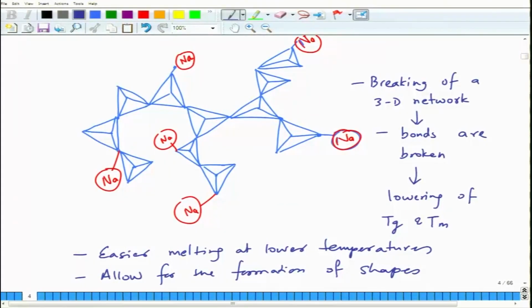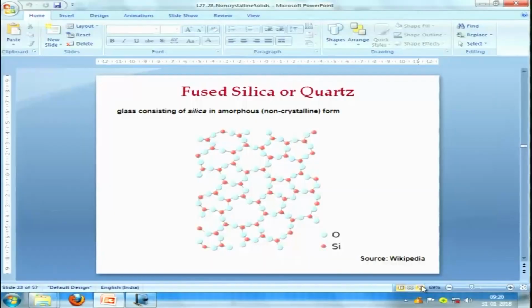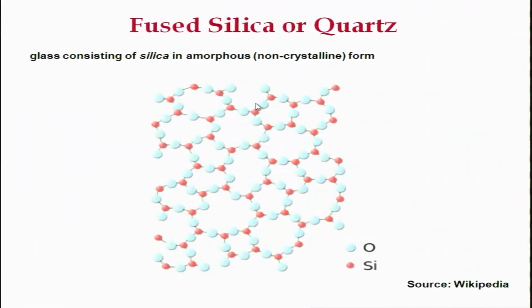Now the next thing, the silica can also make a random network where the hexagonal network will be maintained, but it will not be hexagonally ordered. So you can have a situation like this, in which you have a fused silica or quartz structure in which there are no impurities.